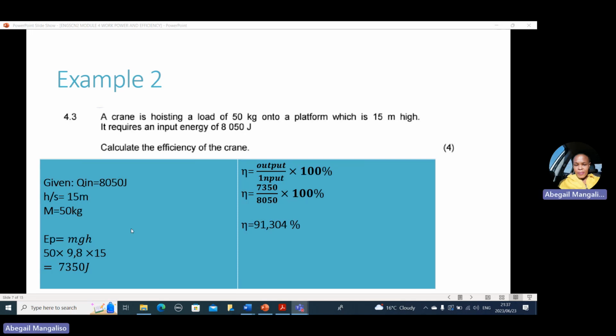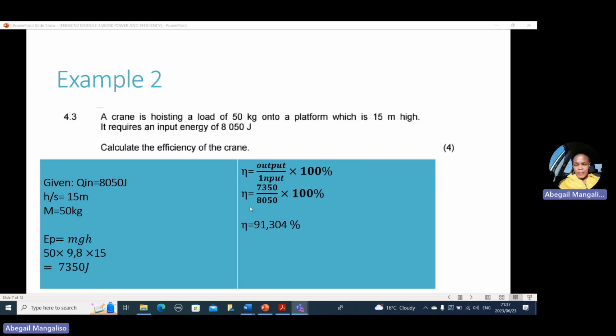Energy out against gravity will be potential energy, which is mgh, or we can use force times distance. mg will give us a force, and the height will give us a distance. So it's 50 times 9.8 multiplied by the height, which is 15. And the answer is 7,350 joules.